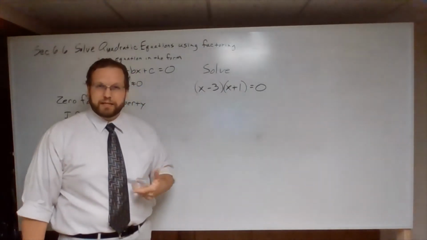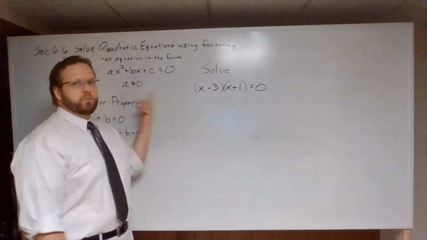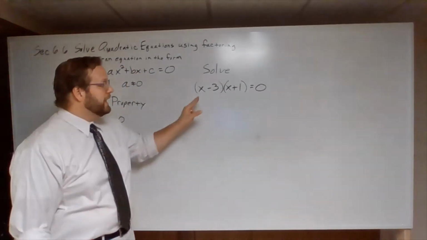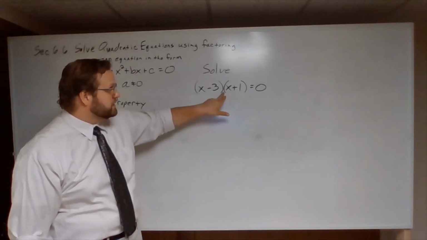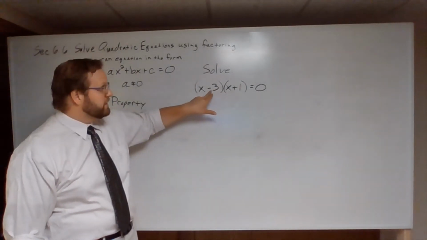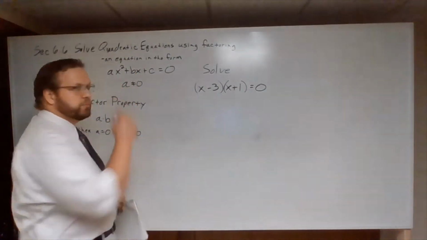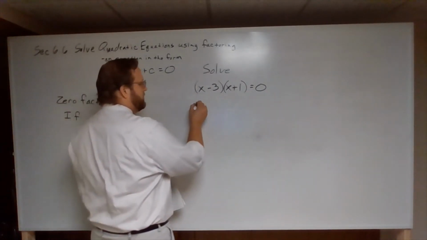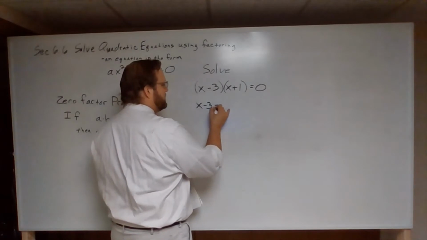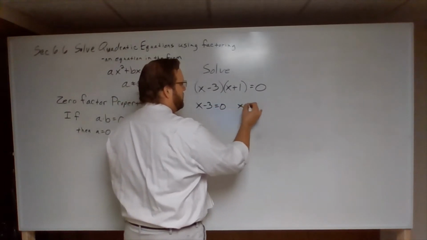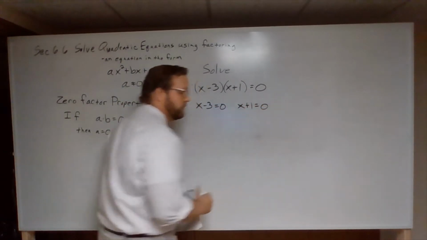So it is a quadratic. It just doesn't look like this, what we call a standard form. Okay. However, what's good about this is, notice it's a product. So we have this times this equals 0. Well, the 0 factor property says that then this must be 0 or this must be 0.